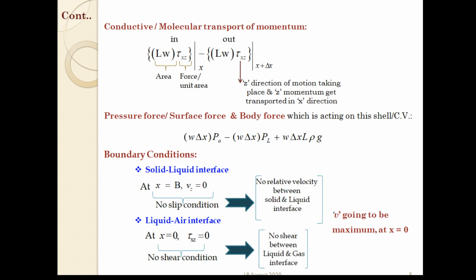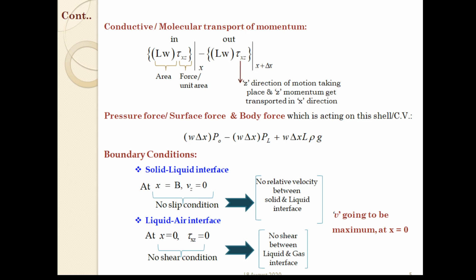The solid is our narrow slit and the liquid is flowing through these two narrow slits. So at x equals to b, the liquid is attached with this stationary slit, so the velocity will be 0, because there is no relative velocity between the narrow slit and the liquid. So at x equals to b, Vz equals to 0.